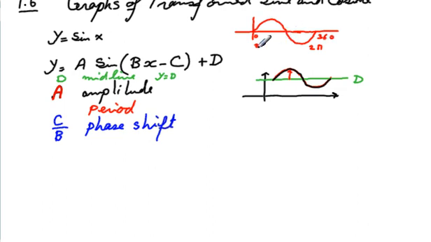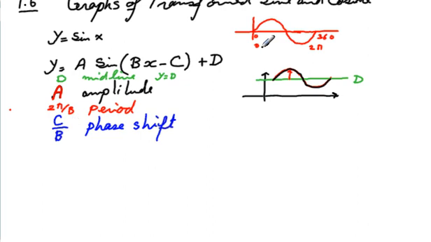So if you want to use radians for a basic function, the period would have been 2 pi, but if you have a 2 here, it will become 2 pi divided by 2. If you have a 3 here, the period becomes 2 pi divided by 3. So this factor of b here indicates what your period is going to be.